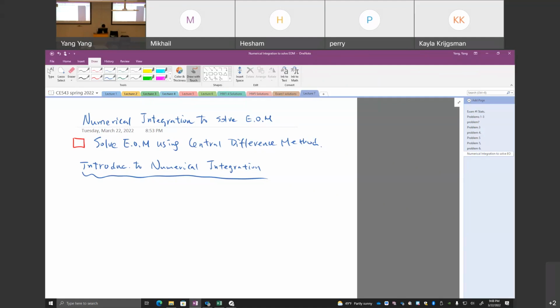So we have already learned that for a structure, if we have an excitation for the structure, the goal of structural dynamics is to figure out the response of the structure with any arbitrary input in terms of excitation.